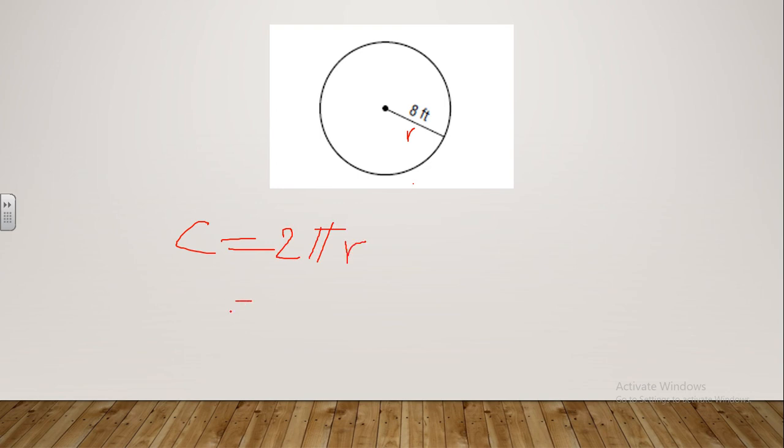So that will equal 2 times, he tells you to use the pi 3.14, so times 3.14 times the r here is 8. So that will be 2 times 3.14 times 8, and that will equal 50.24.